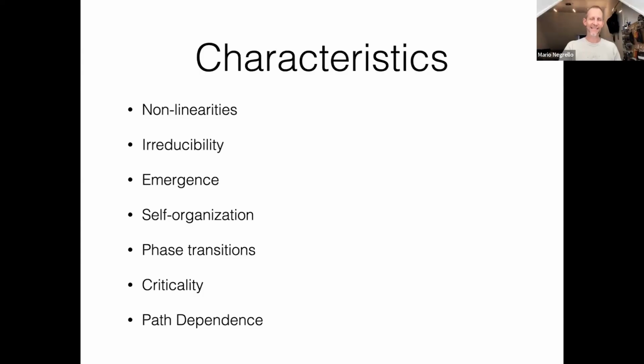Now, the characteristics that transform simplicity into complexity are the fundamental insights that we want to cater for with the projects. So the projects are supposed to be giving us the ability for your brain to catch on these. How is it that nonlinearities imply sometimes irreducibility? What does it mean to be emergent? What is a phase transition in that context? How do things self-organize?